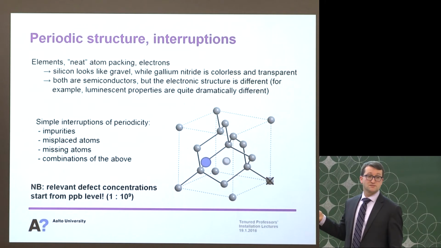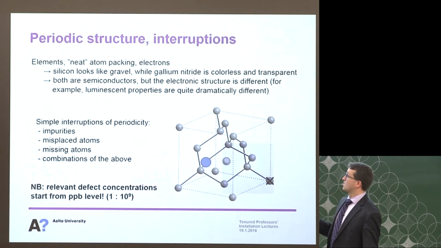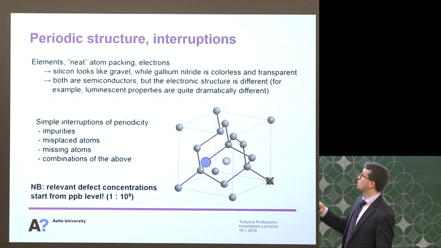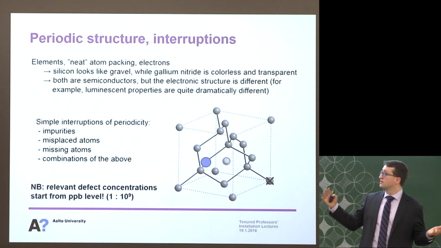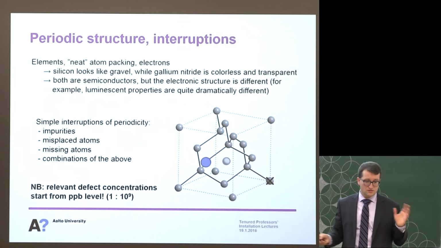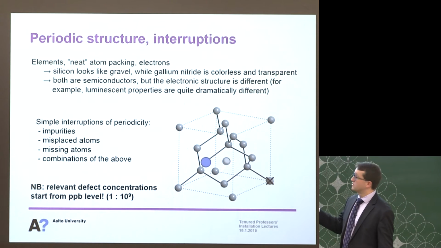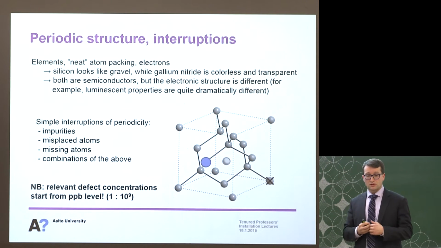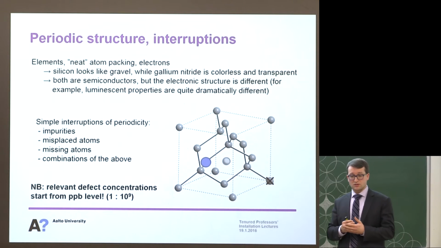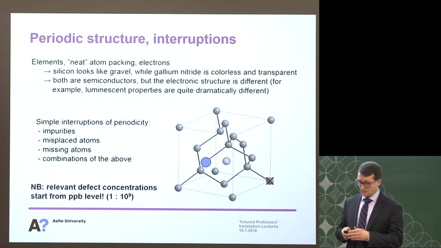I like these guys. And of course, you can imagine all sorts of combinations of these things. Or more extended defects, bigger things, but I'm interested in these small things. And as I said, starting even from very small or low concentrations, you start changing the material properties a lot.